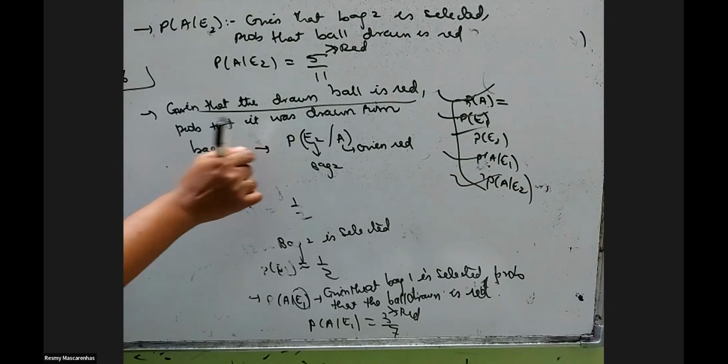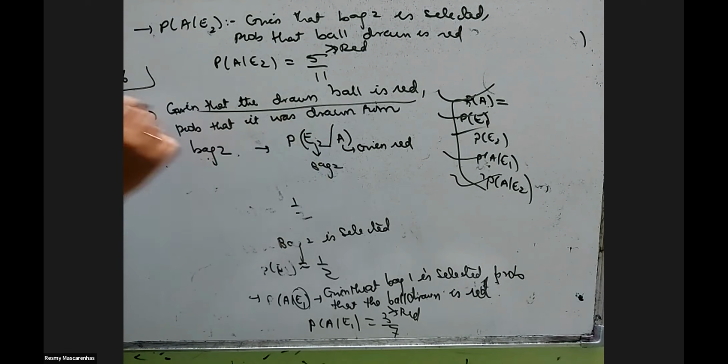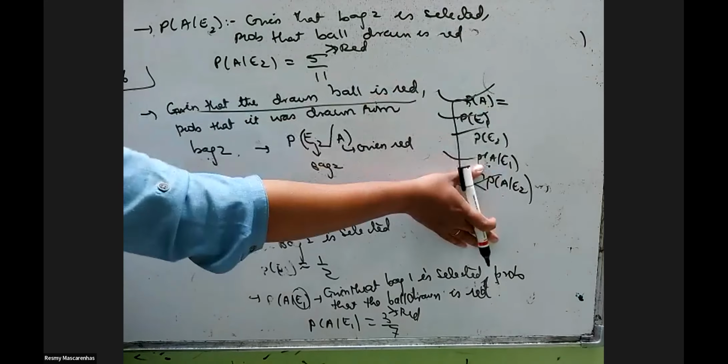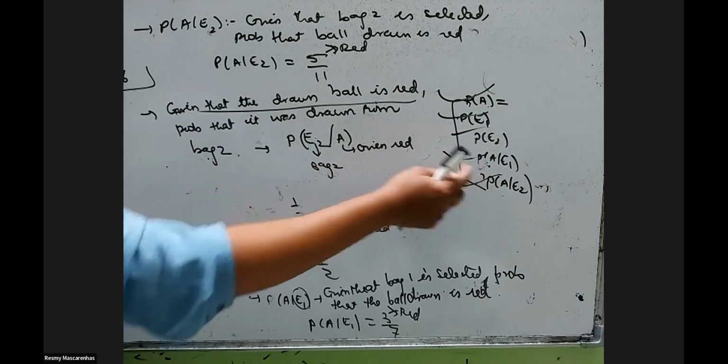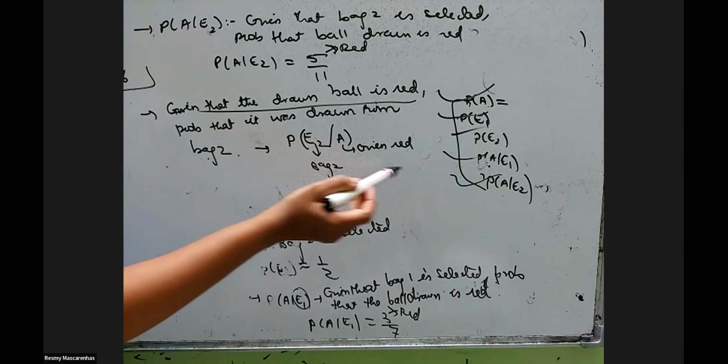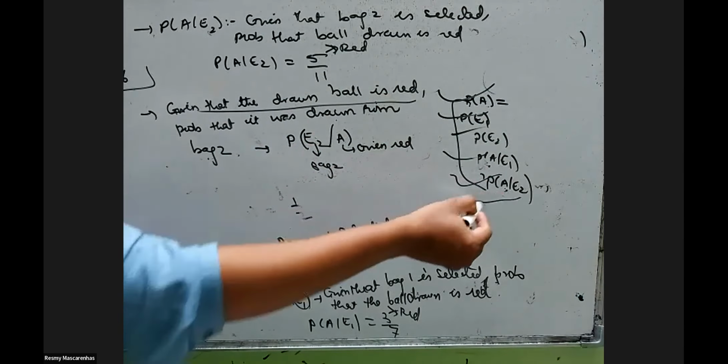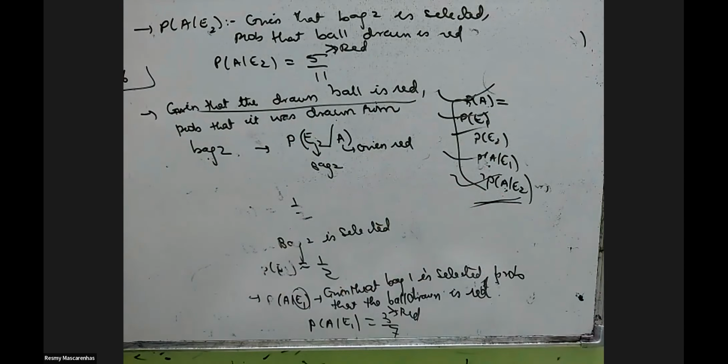If they had asked from bag 1, you would write it as E1. Till this part is as it is. Now it will just be the reverse of this one or this one. Now it is bag 2, so it is the reverse of this. Now we'll apply the Bayes theorem formula. Very simple.